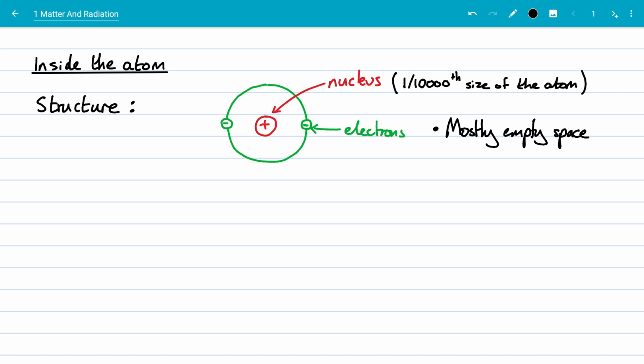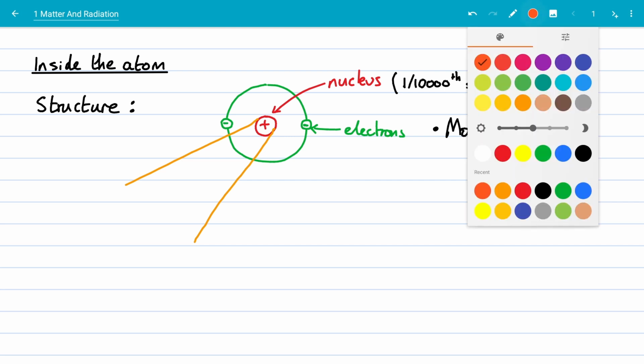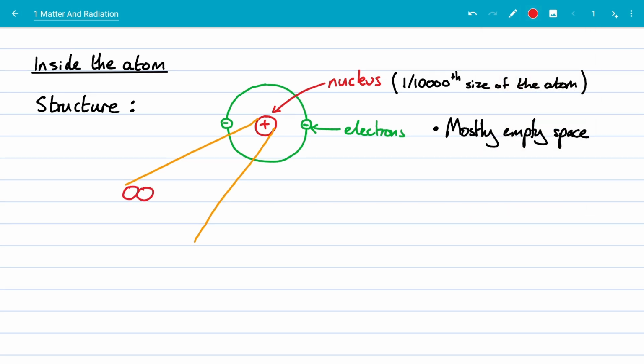It has a nucleus. But what's inside the nucleus? Well, inside the nucleus, there are other particles. There are protons and there are neutrons. So if I wanted to zoom in on the nucleus and have a look what's inside there, then what would I see? I would see maybe 2, 3, 4, 5, 6.